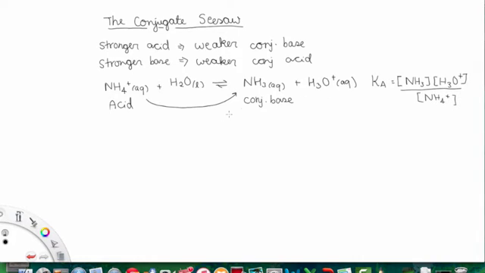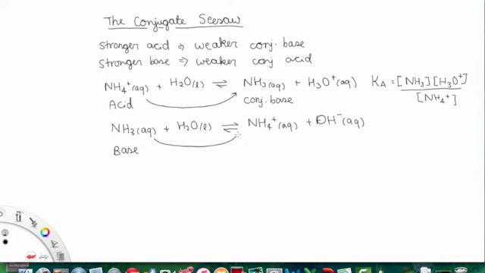On the other side, if we started out with NH3 like we did before, and then water, this goes to the ammonium ion plus OH-. In this case, the ammonia is the base that we start out with, and the ammonium ion is going to be the conjugate acid.